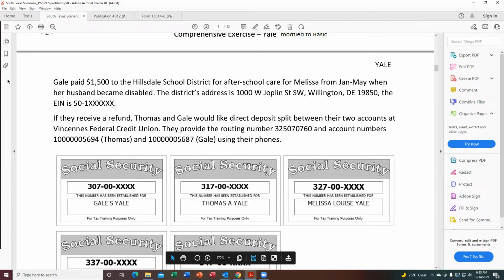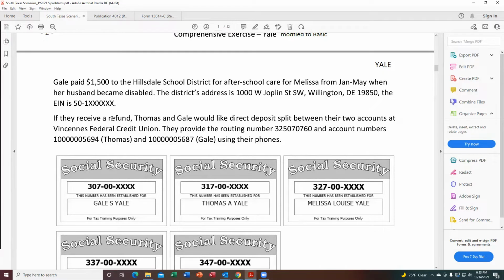She also had daycare expenses. She paid $1,500 to the Hillsdale School District for after school for Melissa. It was for January through May until the husband became disabled. And then it gives information for the child care facility.